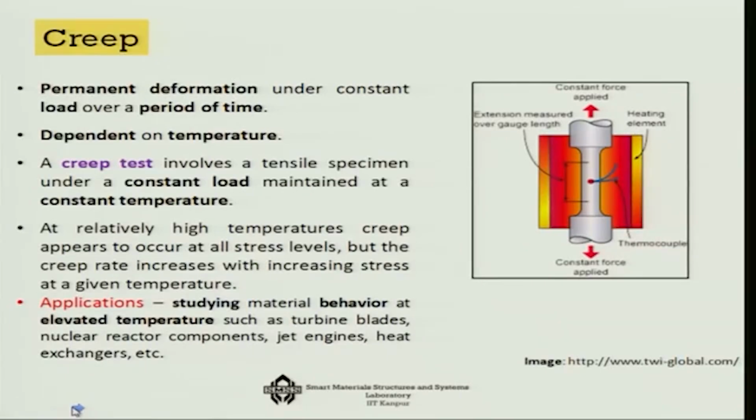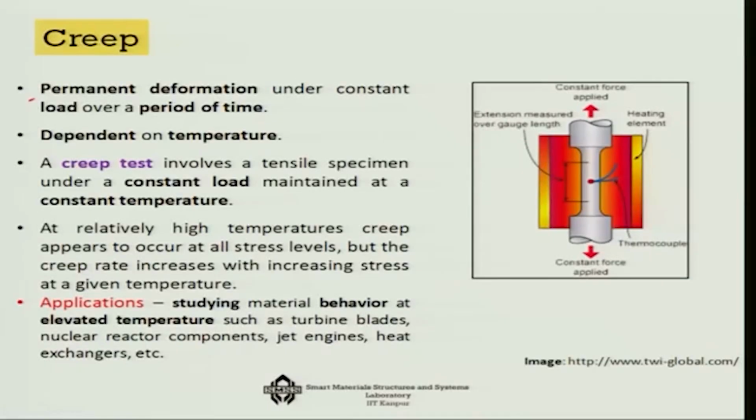Now, many of you might have experienced creep as a day to day experience. For example, you use the nylon wire for outdoor garment drying, right, and you put a fixed tension, you fix your nylon wires, and then you put your garments on day 1, and after a month or so you see that this whole thing is slacking, and it is coming down more and more, it is getting loose.